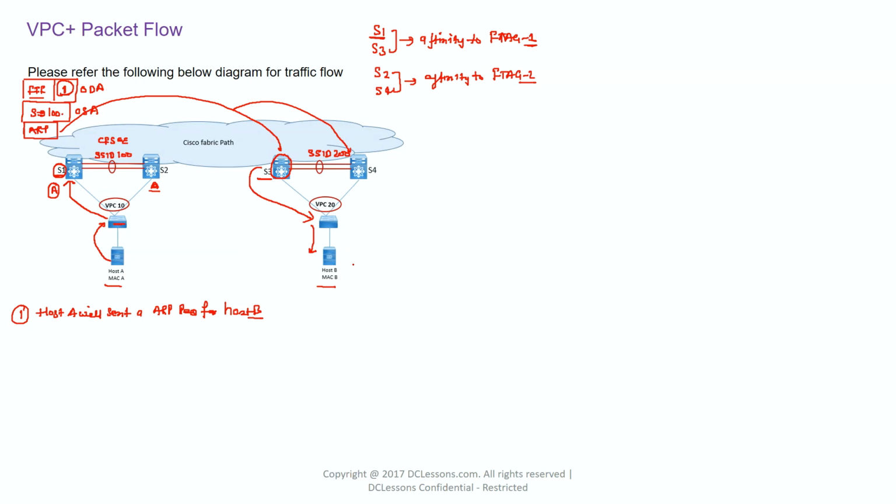Now what happens? It will reply. Okay, so let's see how it replies. Again, the rule is that switch 1 and switch 3 have announced their affinity to FTag 1, and switch 2 and switch 4 have announced their affinity for FTag 2.